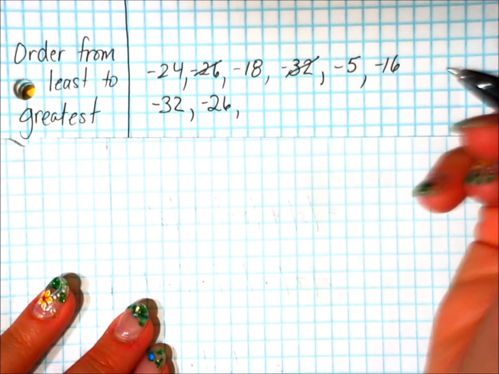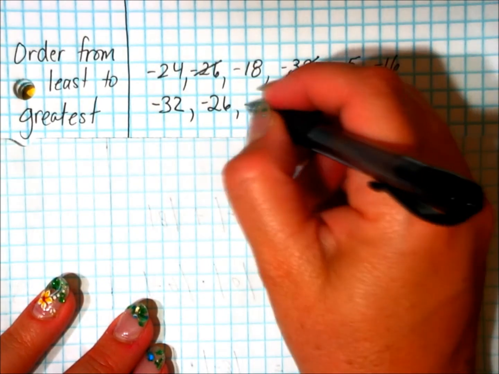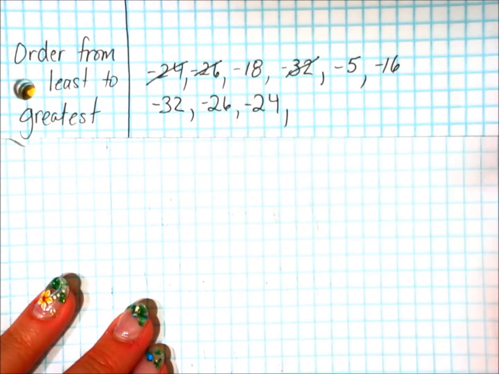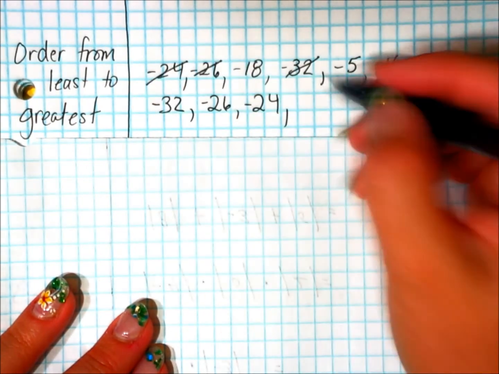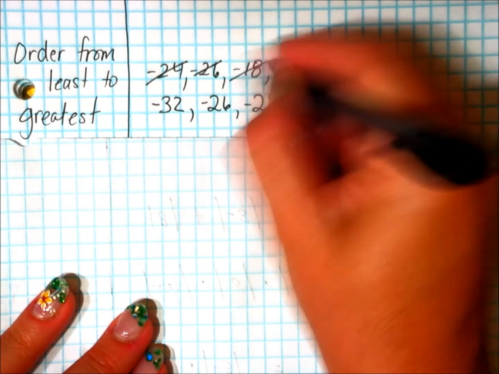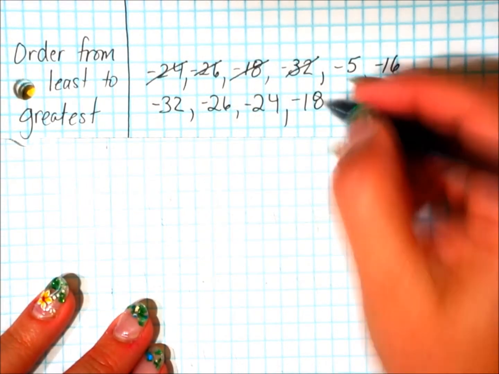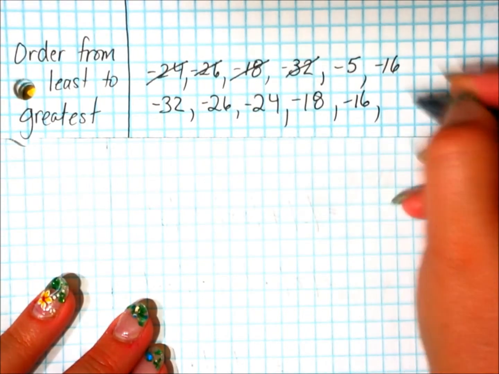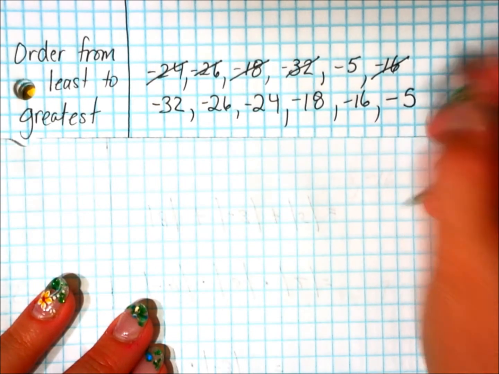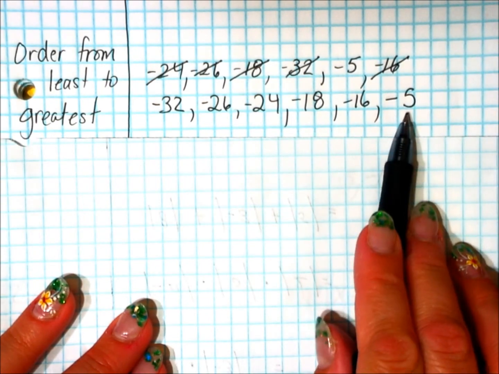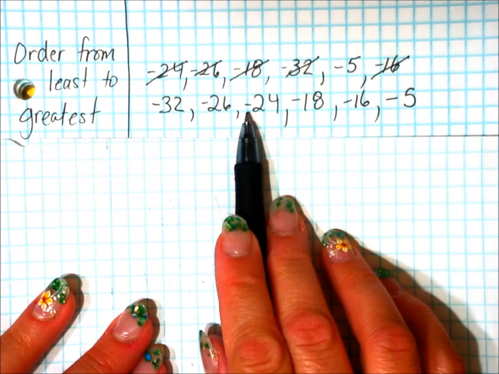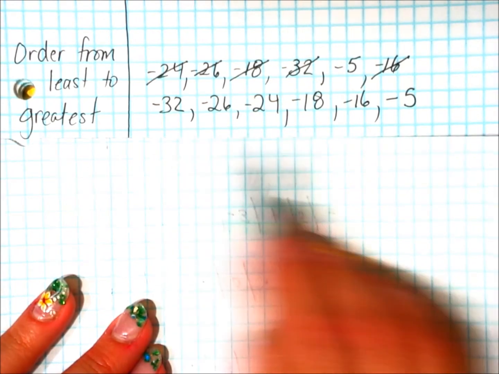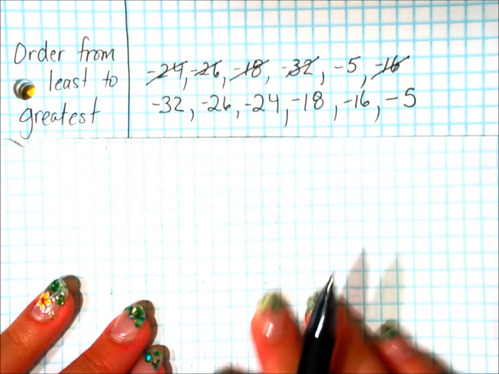Then we're looking for -24, -18, -16, and then we're left with negative 5. So when they're negative, it's going to look backwards from when it's positive. If these were all positive numbers, we'd be looking at a different group.